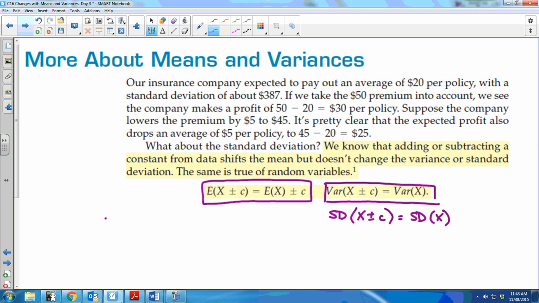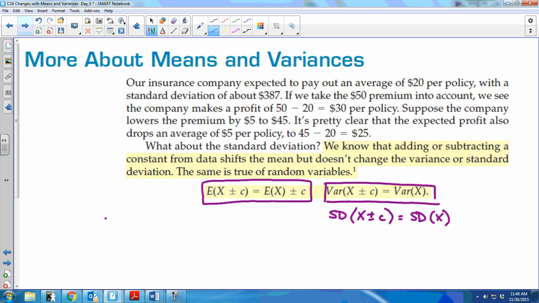Again, that's what we learned in Unit 1. It's just new wording here, expected value and variance, but the idea is the same. So if you're adding or subtracting a constant, you do so to the mean, but you don't to the standard deviation or the variance, the measures of spread. Everyone clear on that?